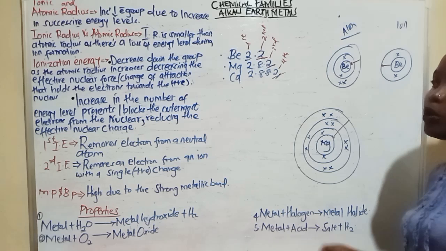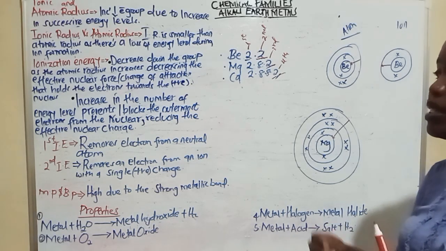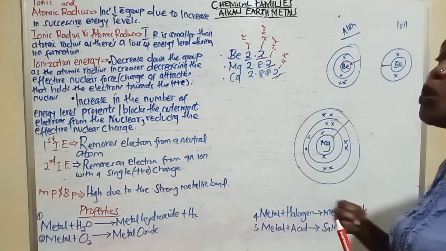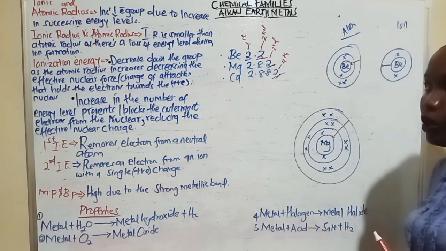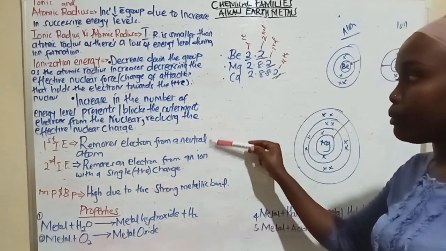So we are not going to lose all the electrons just like that. No, we are going to lose them successively. We're going to start with the first electron, and then we're going to proceed to the second electron.